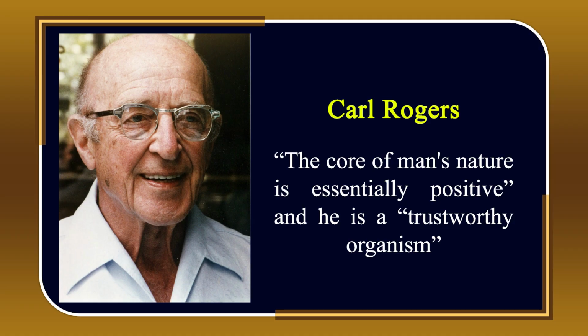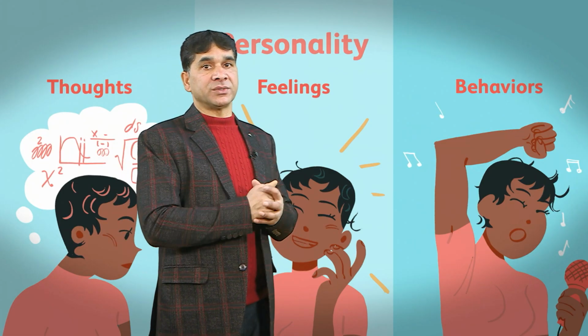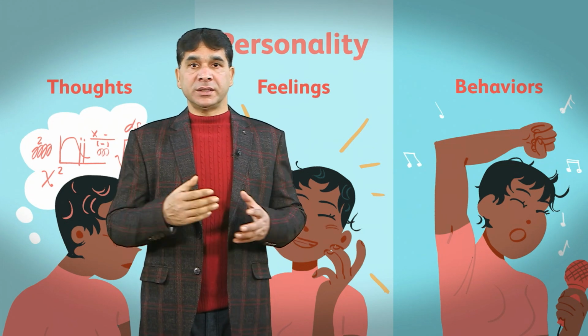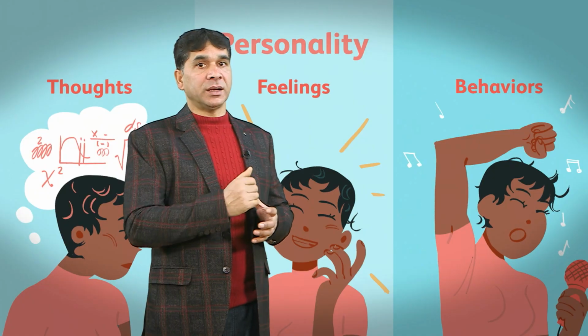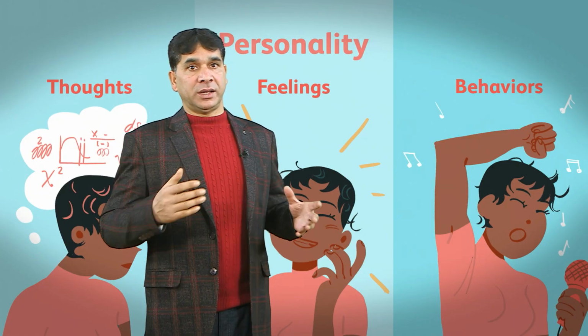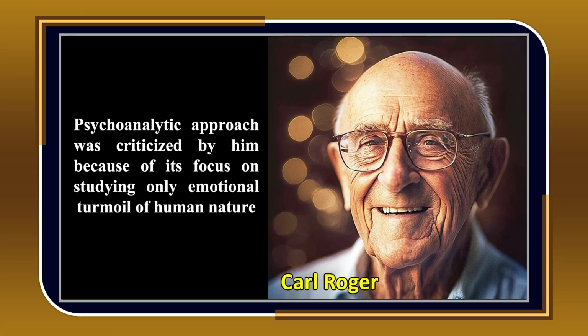In fact, Rogers' theory of personality evolved out of his work as a clinical psychologist. His approach to the study of persons is phenomenological and ideographic. The psychoanalytic approach was criticized by him because of its focus on studying only the emotional turmoil of human nature.